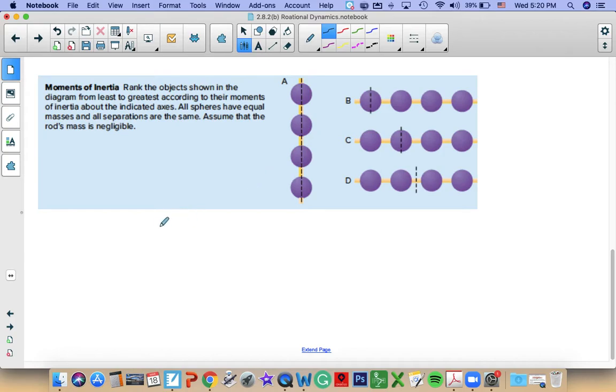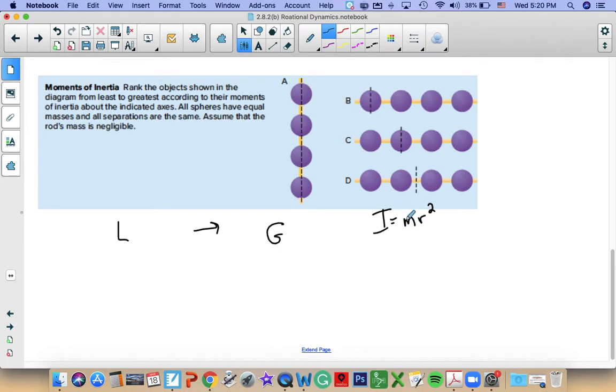Which one is going to be the least? Least to greatest. Which one's going to have the smallest moment of inertia? I can probably pick these out pretty easily now compared to what we did up above, but now we have this one thrown in there. To understand moments of inertia, remember we have, in general, the mass times the radius squared.